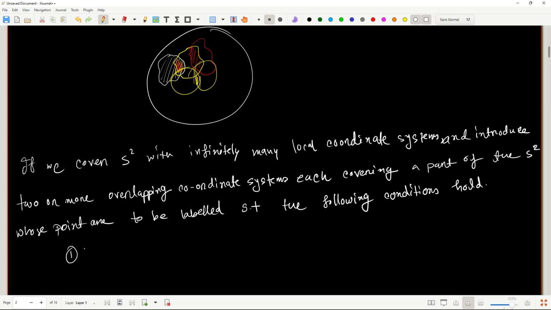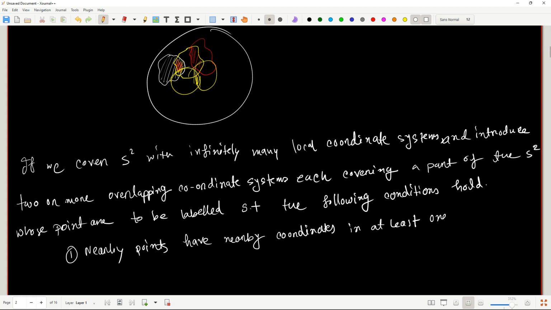Number one: nearby points have nearby coordinates in at least one coordinate system.